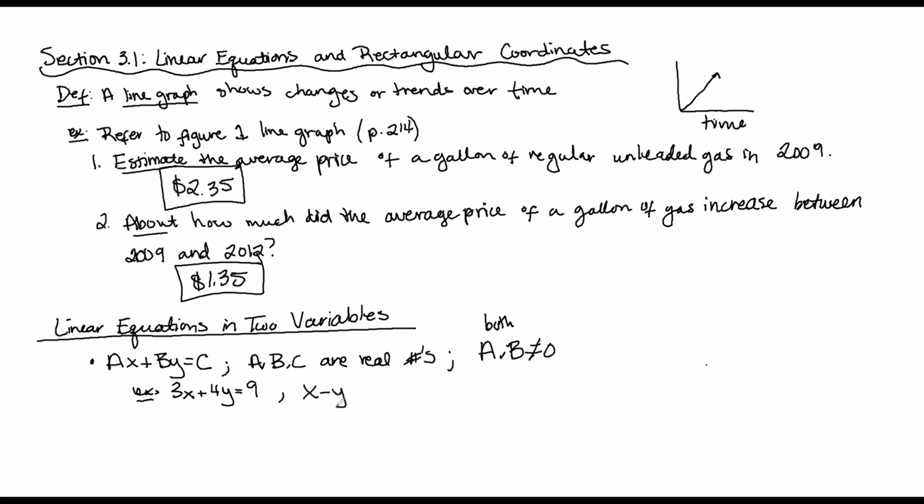X minus y equals 0. This is also a linear equation in 2 variables. And the solution to an equation where you have an x and a y, we need a solution that has an x and a y in it. And so the solution is an ordered pair.